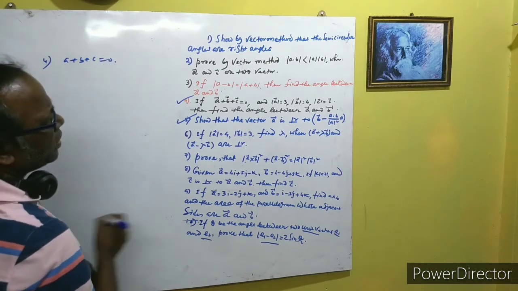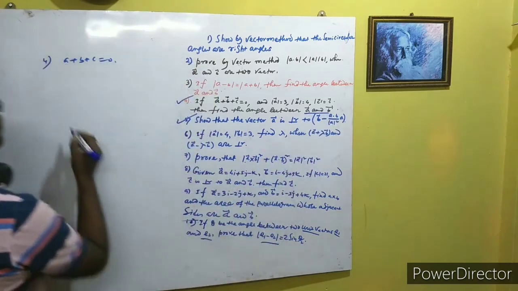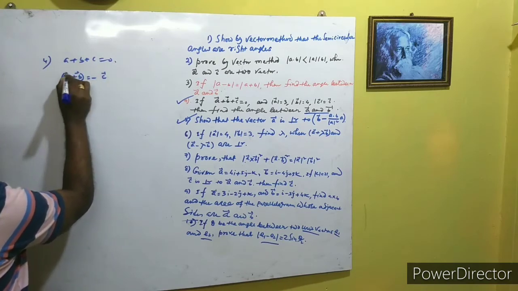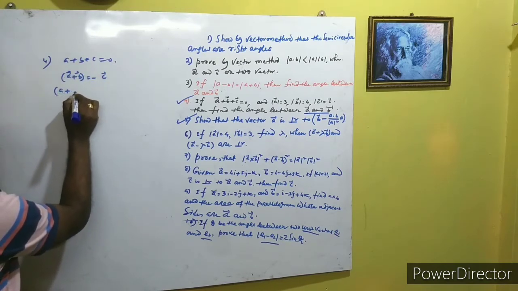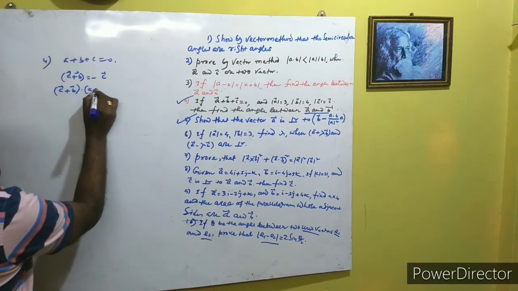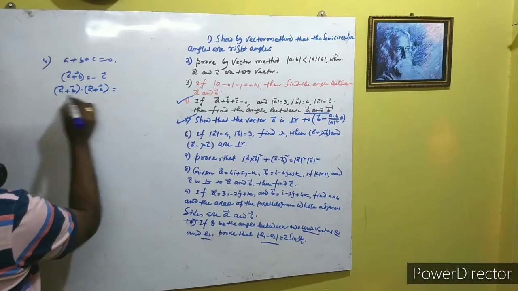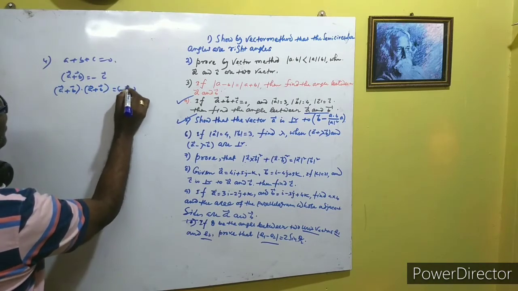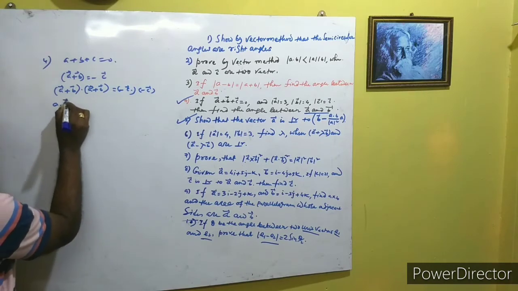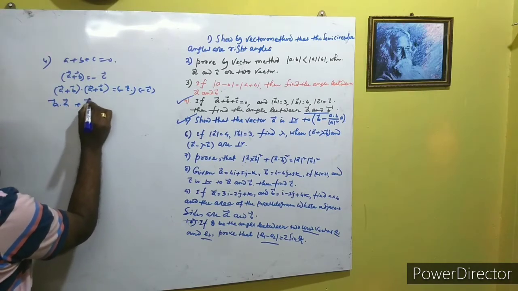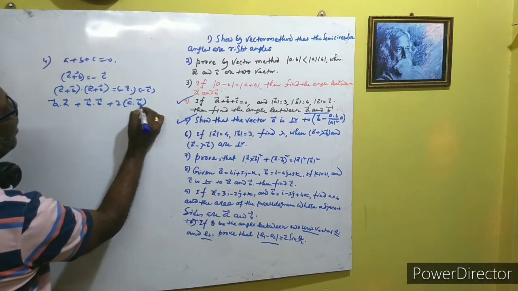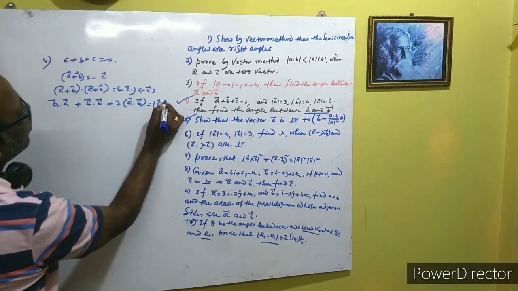Now find the angle between A and B. So we take A plus B is equal to minus C. Now A plus B dot with A plus B, same vector, same as minus C dot minus C. So if we dot, there is A dot A, and B dot B, and 2 times A dot B in the bracket, and here mod C square.